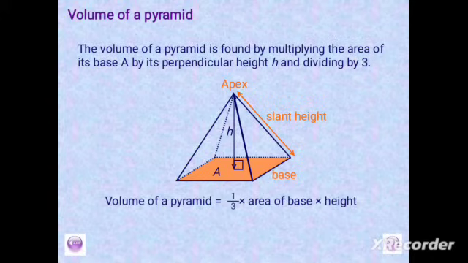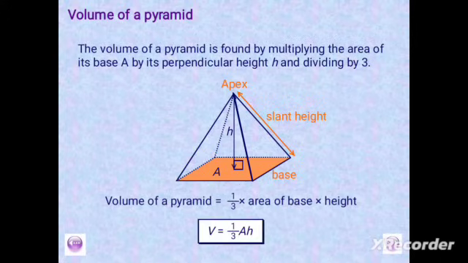To find the volume, we have a third times the area of the base, that is base area, times height. This is simplified as a third AH.